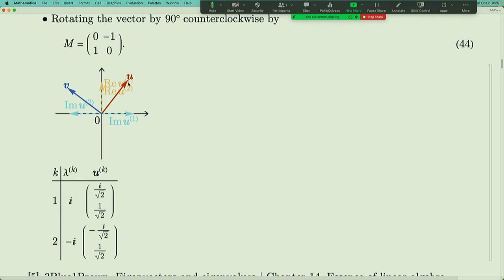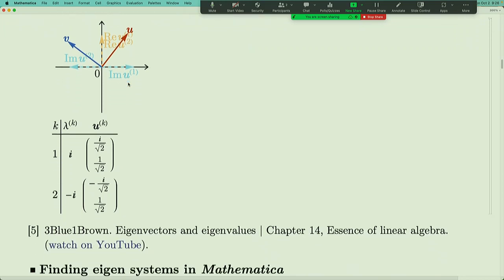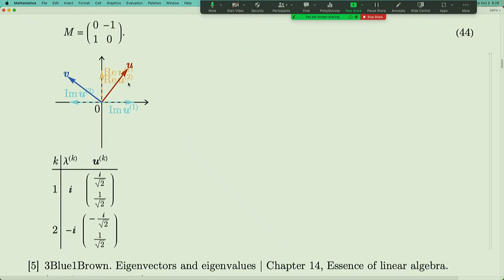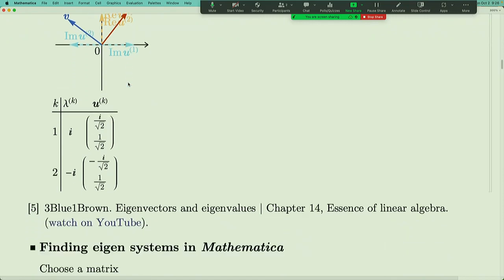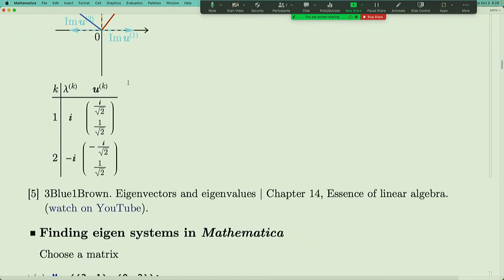So this matrix actually has two different kinds of rotations. When this matrix acts on real vectors, it always rotates the real vector in a counterclockwise manner. But when this matrix acts on an imaginary vector, it rotates in the other direction. That's why it has two eigenvalues corresponding to the two different 90-degree rotations.